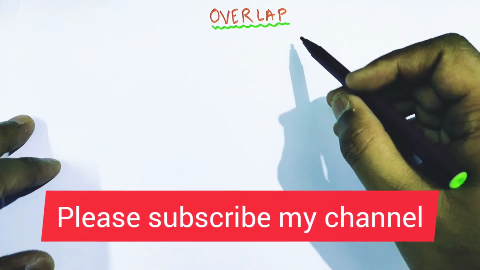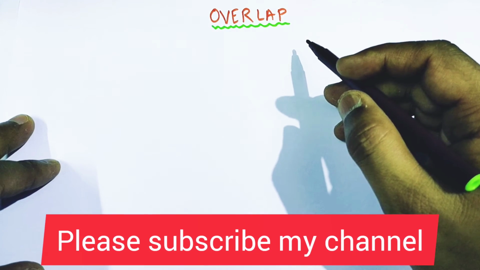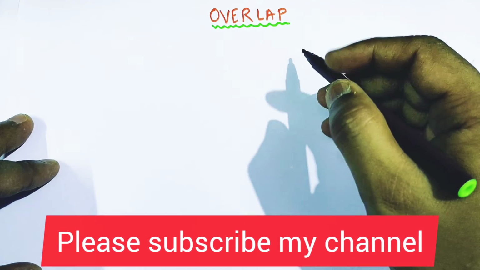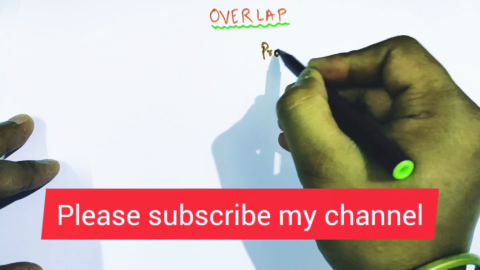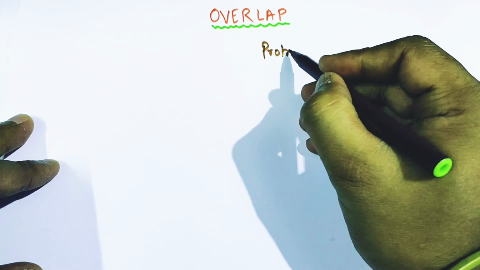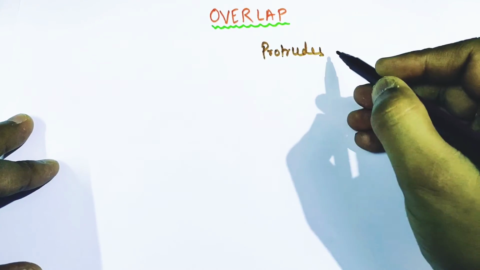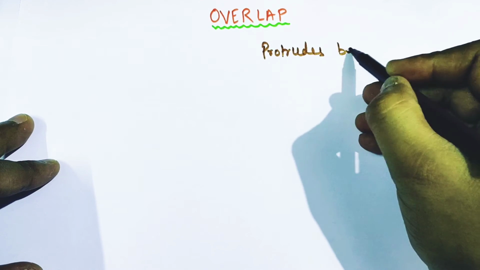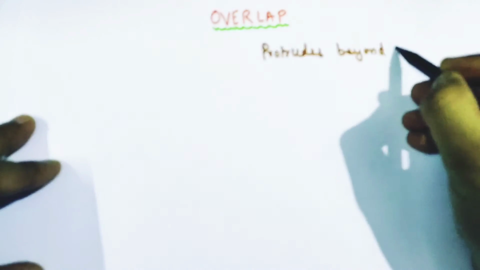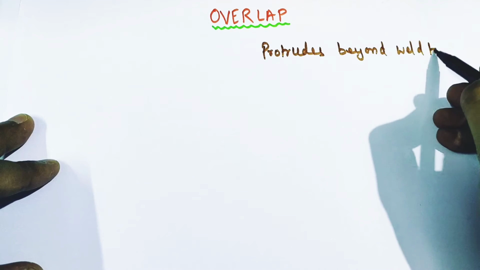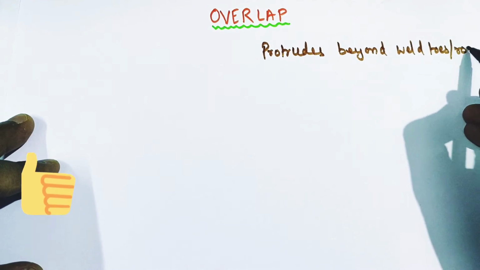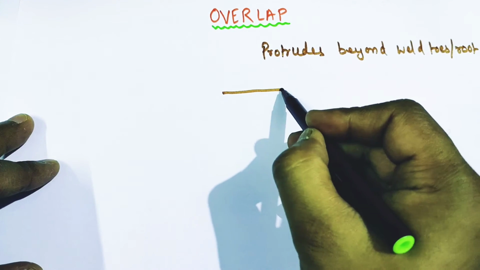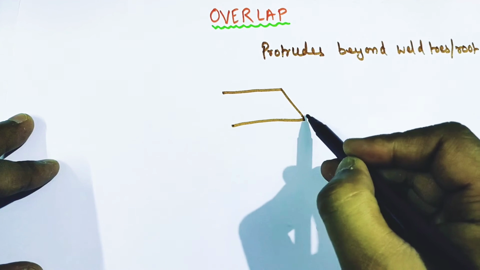See, overlap is a welding defect and it is caused when the weld metal protrudes beyond the weld toe or root. So I'll show you with the help of an example. See, this is our welding.